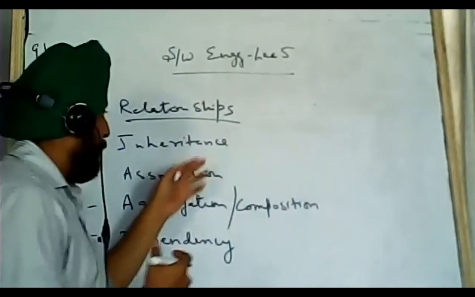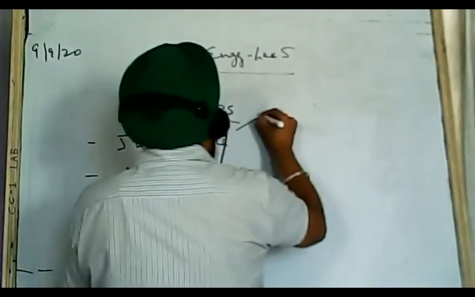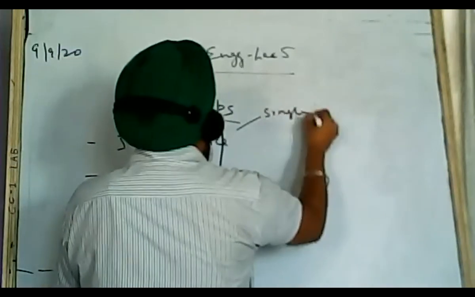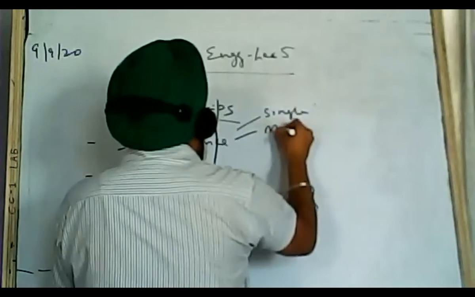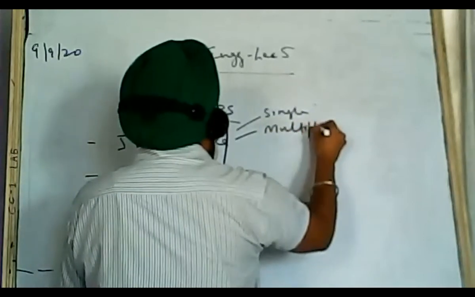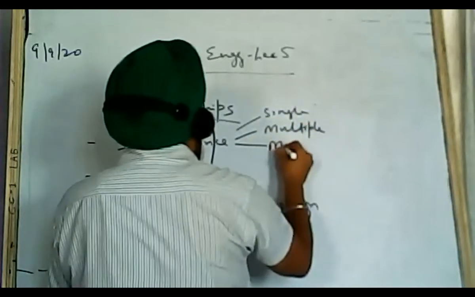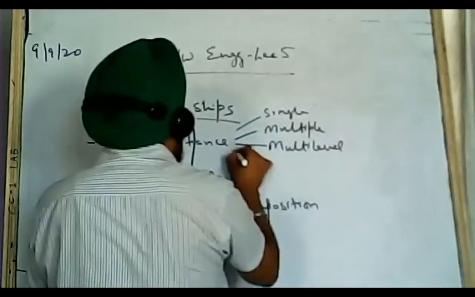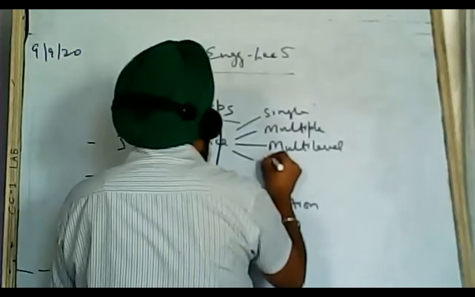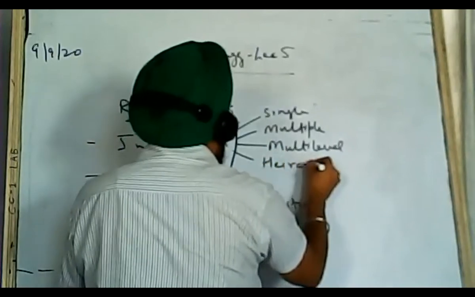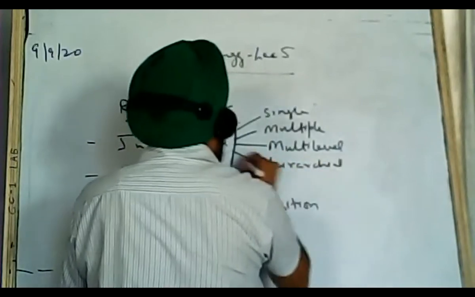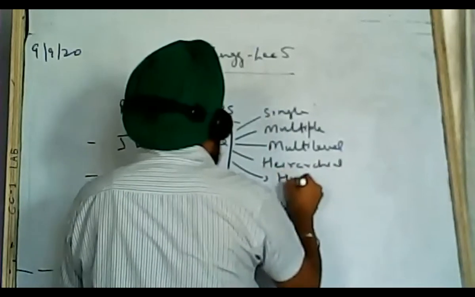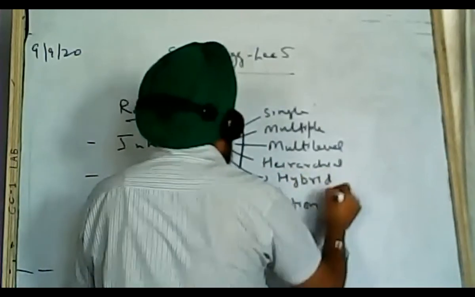There are different types of inheritance: single inheritance, multiple inheritance, multi-level, hierarchical, and hybrid.